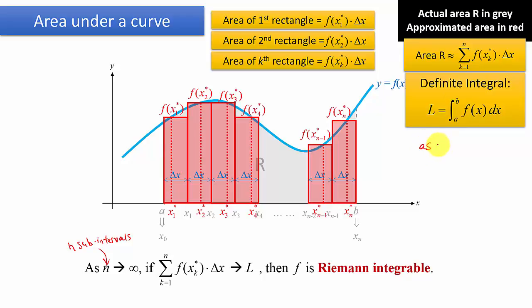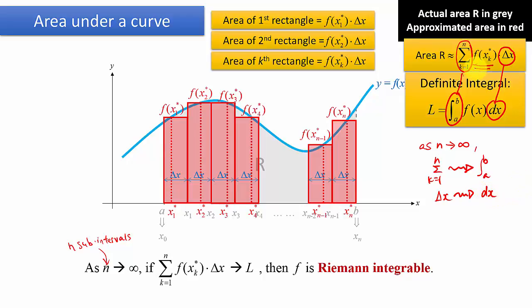Hence, as the number of subintervals n becomes larger and larger, we notice that this summation notation becomes this integral notation. And this delta x notation becomes this dx notation.